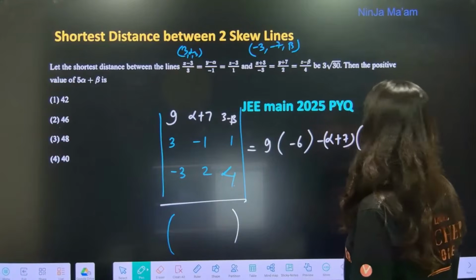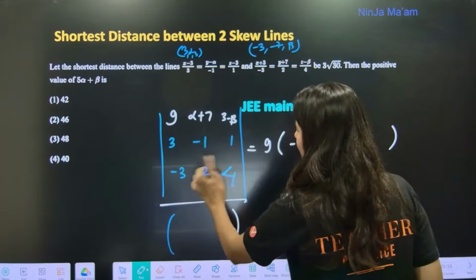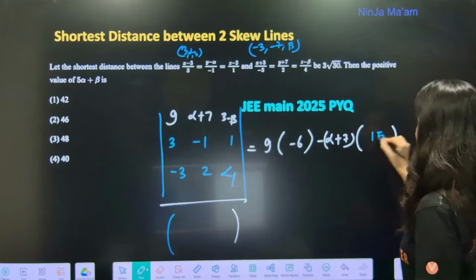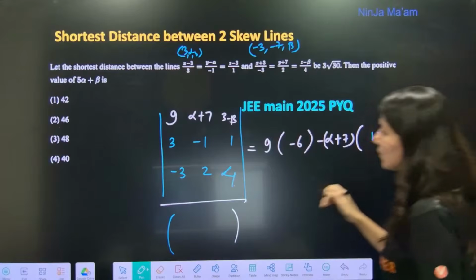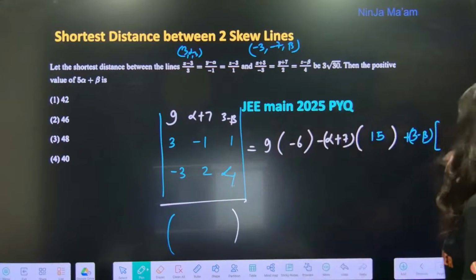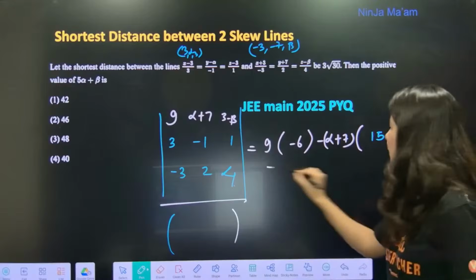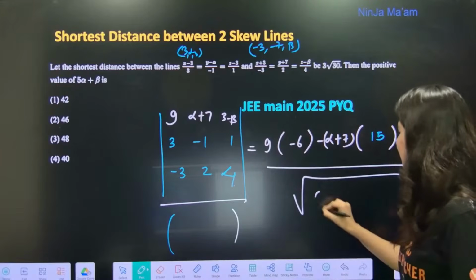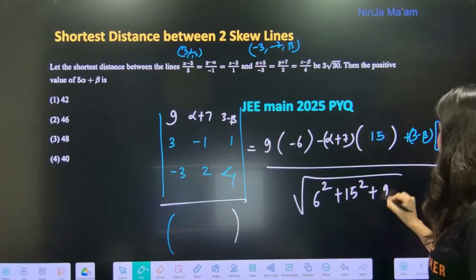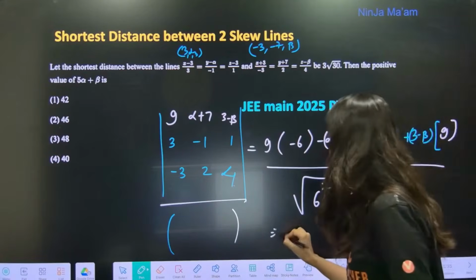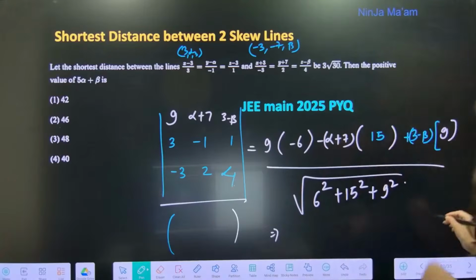So it is going to give you what? 3 4s are 12 plus 3, 15, and plus 3 minus beta is going to give you 3 2s are 6 plus 3, 9. Okay, and now in the denominator it will be 6 square plus 15 square plus 9 square. So this is going to be minus 36, and this is equal to 3 by root 30.